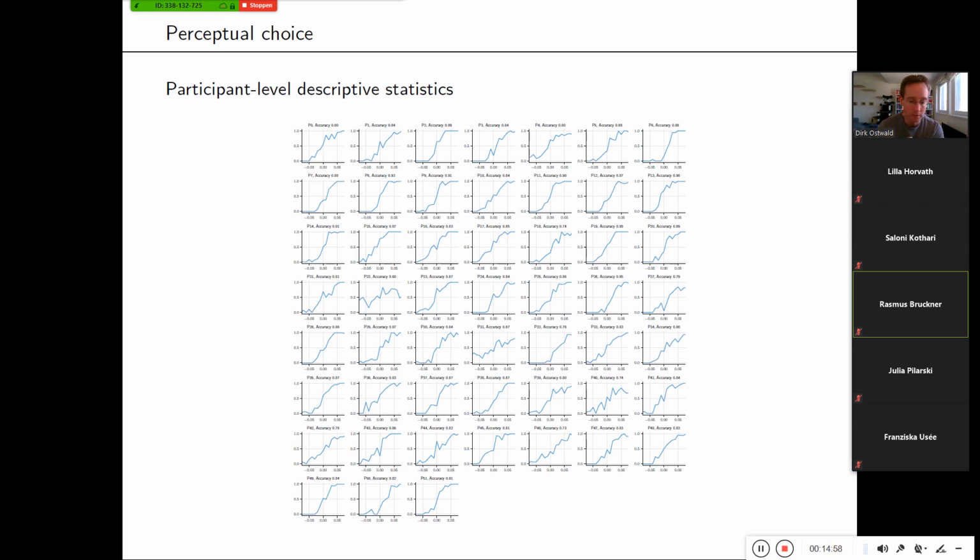Of course, in psychology and everywhere, you can use hierarchical models, or let's say group models, that try to fit the average of what a group of participants did. You can use hierarchical models that allow for participant-to-participant variation.